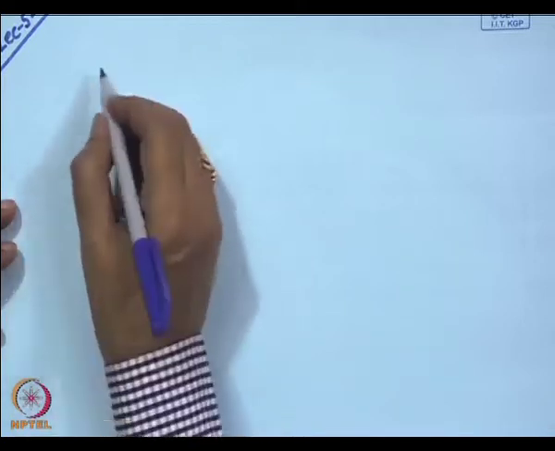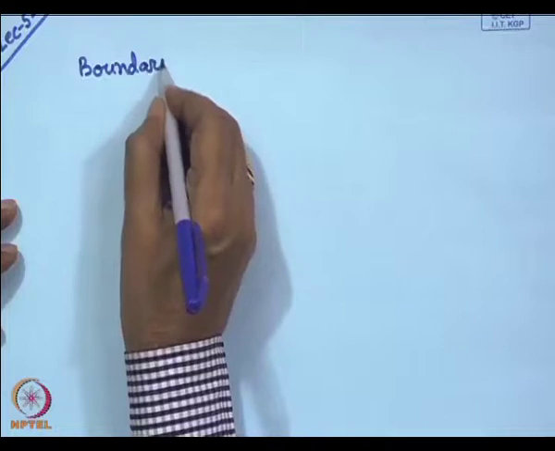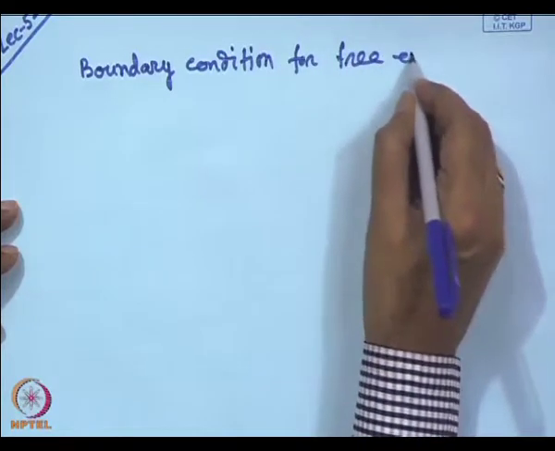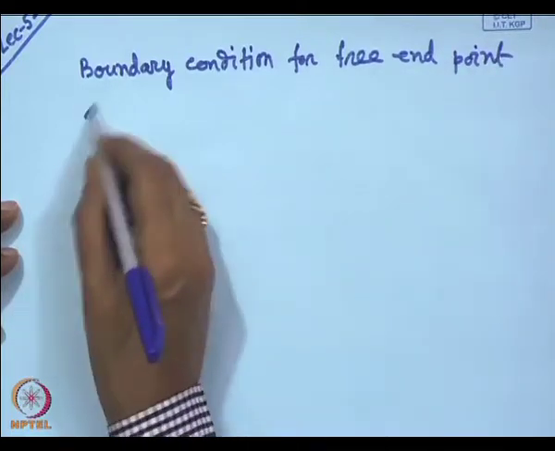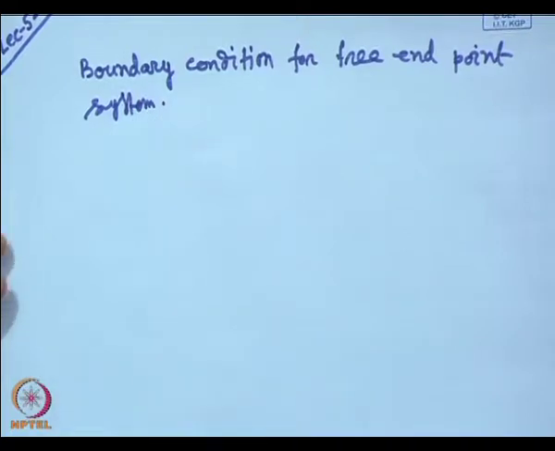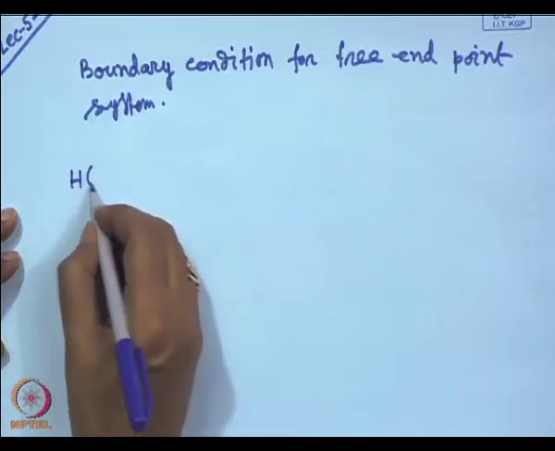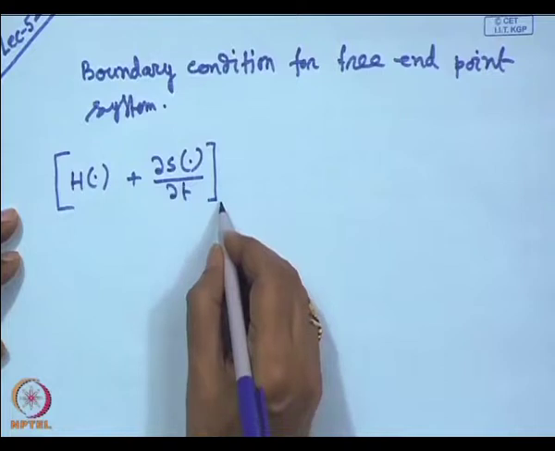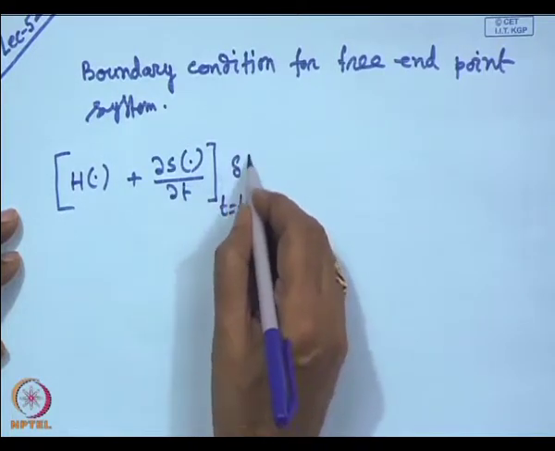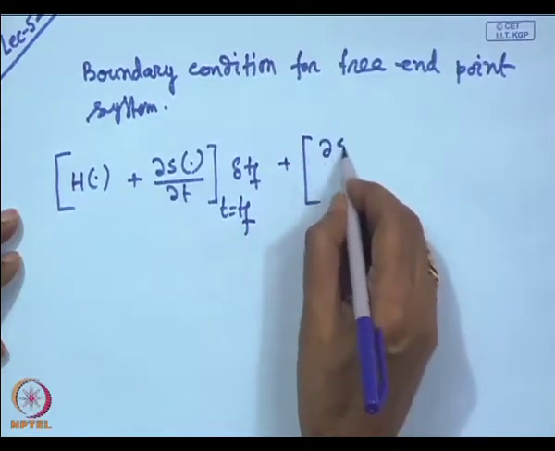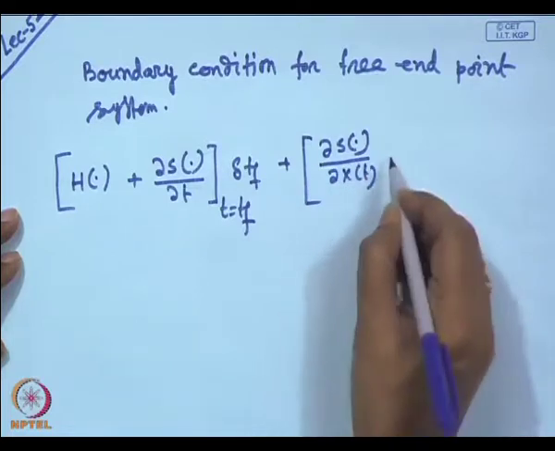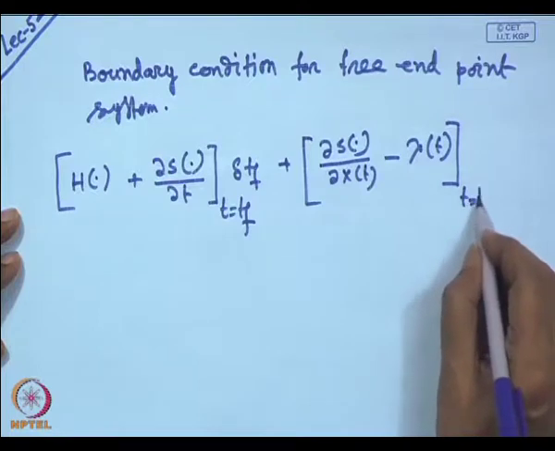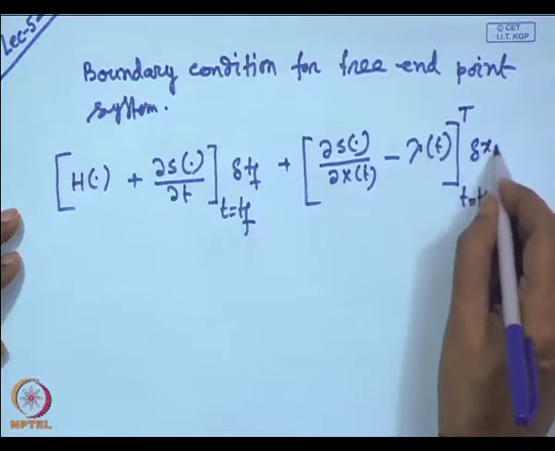The boundary condition for the free end point system is: h, the Hamiltonian function, plus del s by del t, at t is equal to T f, into delta T f, plus del s by del x of t minus lambda of t, at t is equal to T f, transpose into delta x f, is equal to 0.